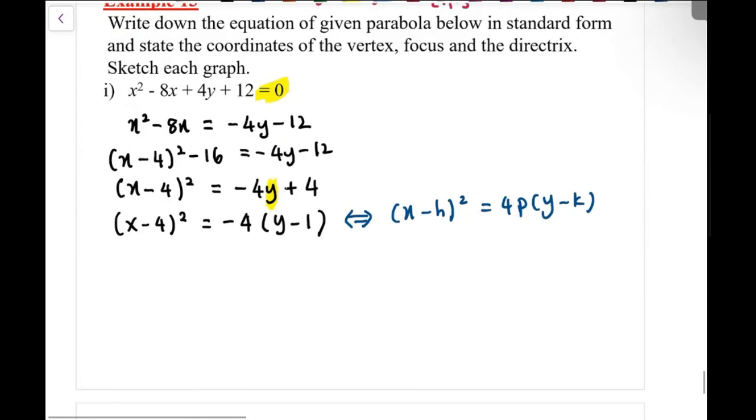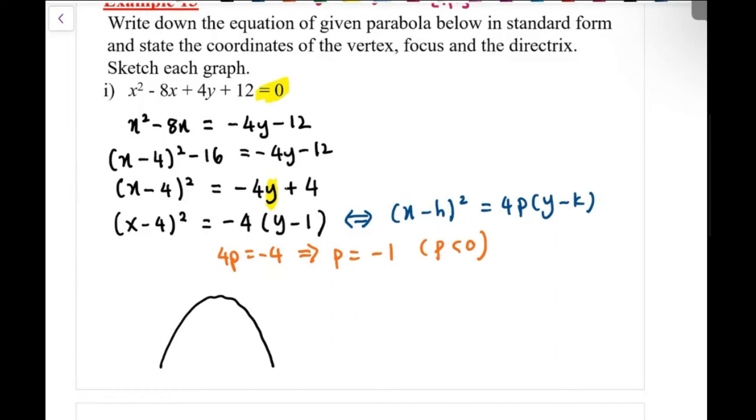So from here we know, if we compare, 4P is negative 4. So, P is negative 1. P is negative. So, dia akan jadi X squared. Ingat, X squared senyum ataupun masam. P kita negatif. So, dia jadilah shape masam kat situ. Okay. So, parabola kita shape masam.